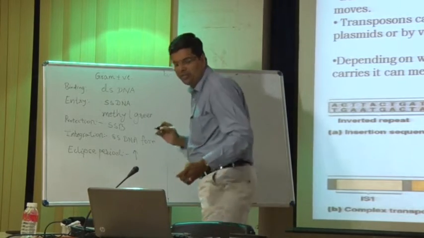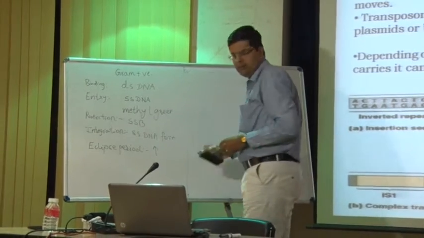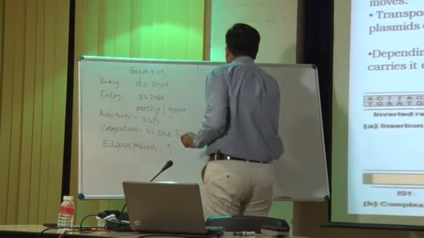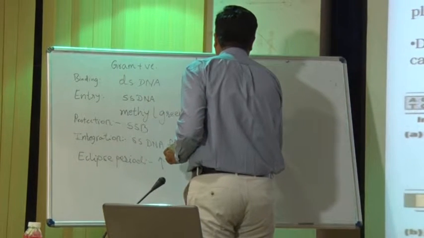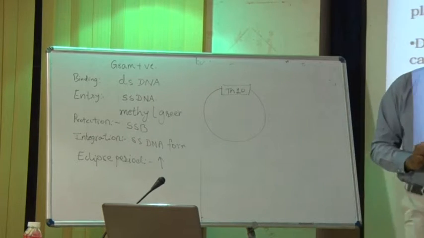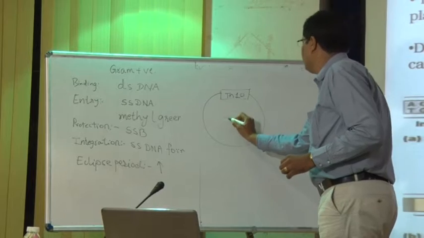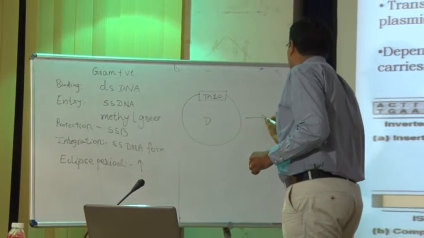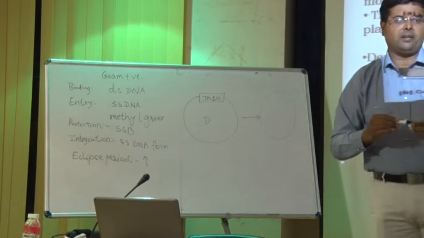The transposon which is present in the DNA, for example a plasmid. Suppose this is the TN10 transposon which is present in the plasmid. Replicative transposition means, suppose this is the donor DNA and this is your target DNA in which the transposon is to be inserted.